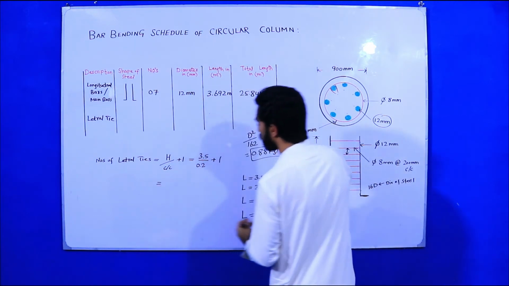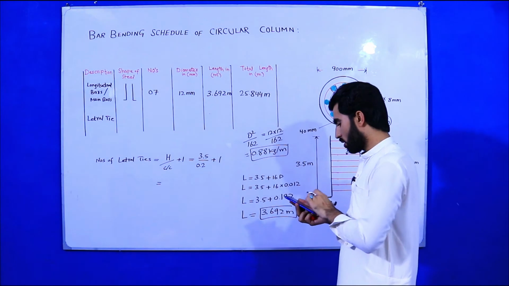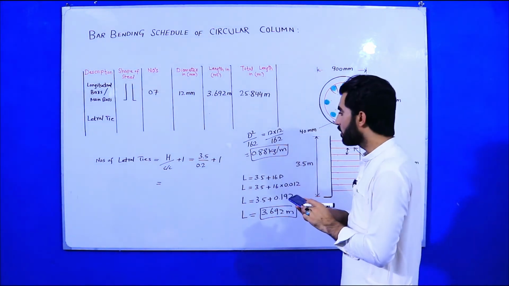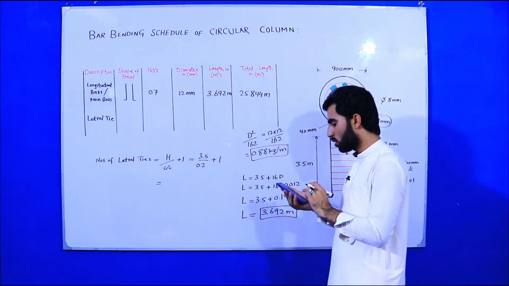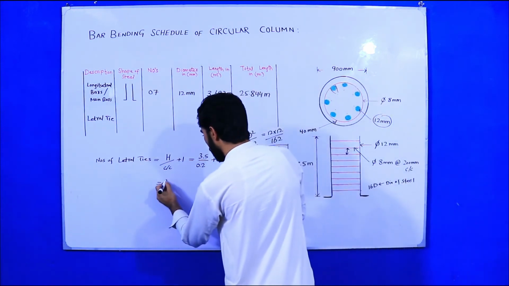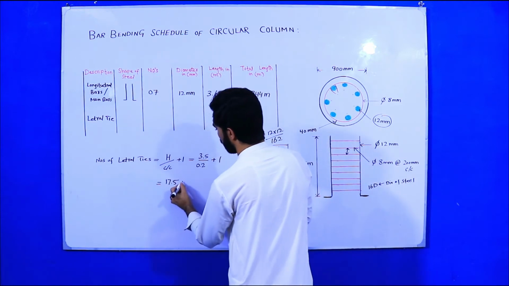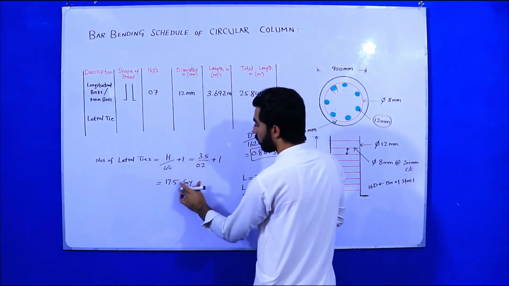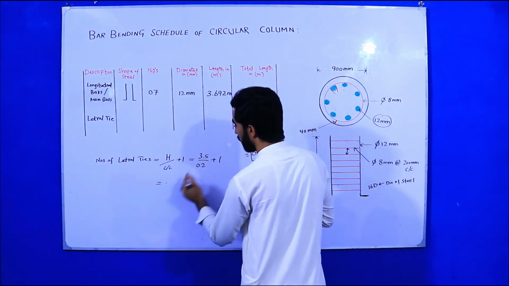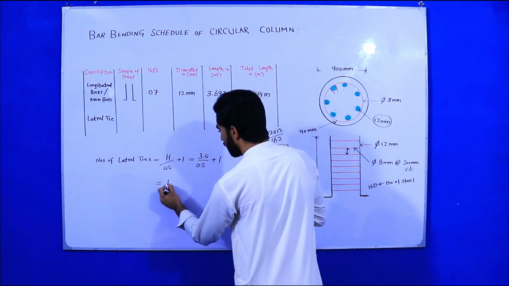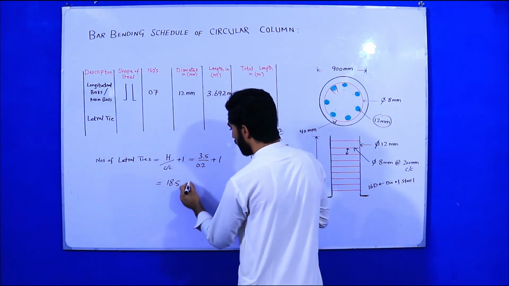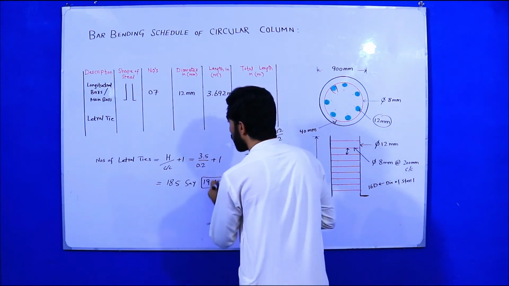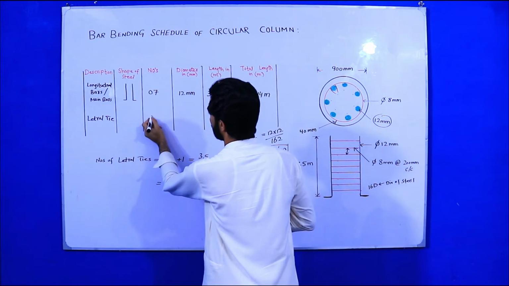So how many numbers do we require? 3.5 divided by 0.2 gives 17.5. Then 17.5 plus 1 becomes 18.5, so we require 19 numbers.